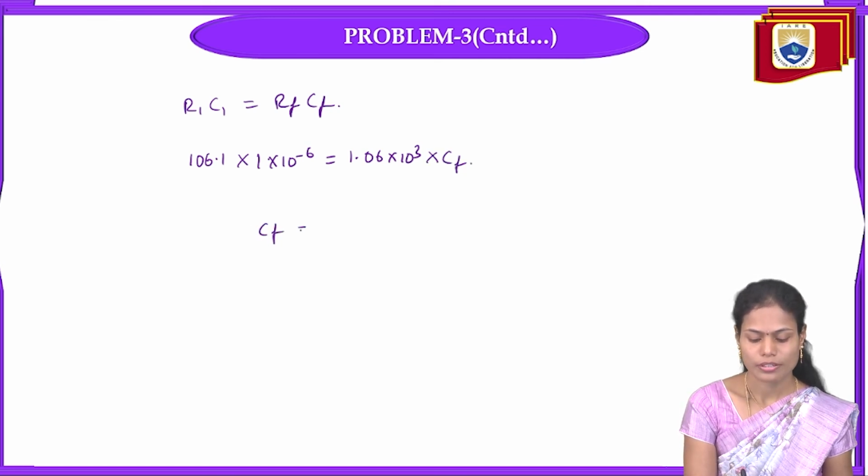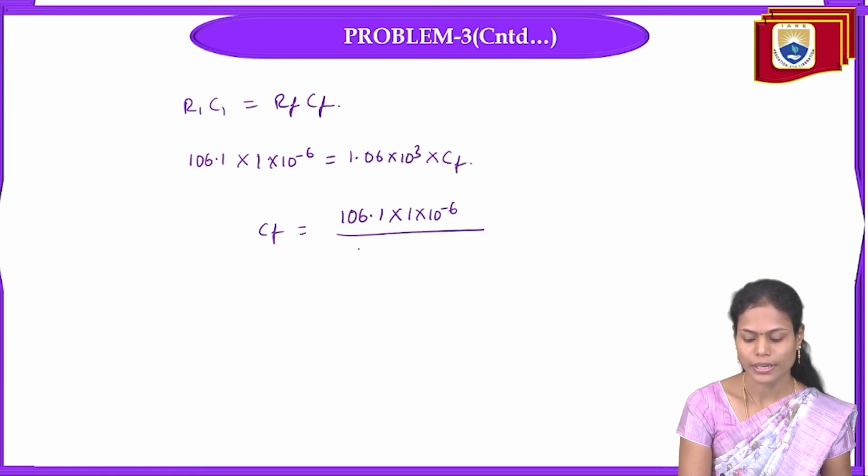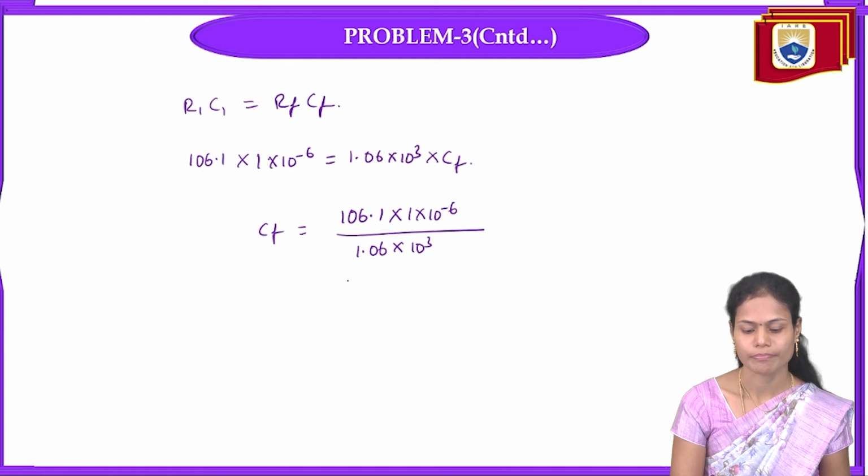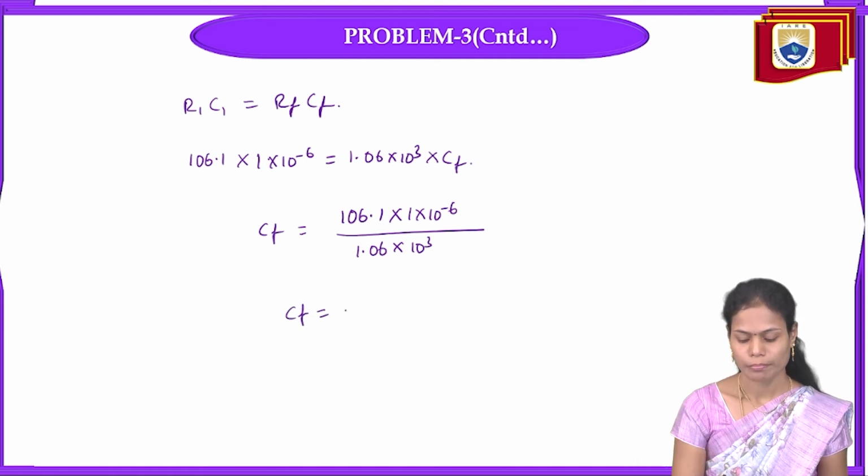So CF is equal to 106.1 into 1 into 10 power minus 6 divided by 1.06 into 10 power 3. So CF value, we will get it as 0.1 microfarads.